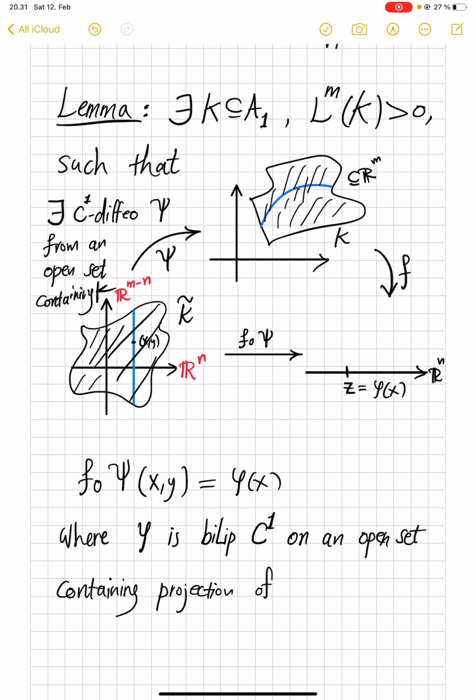So this will be the orthogonal projection of K tilde onto R^n. So phi is defined on an open set. It is a C1 Lipschitz function. And then our original Lipschitz function f, after this change of coordinate system in the domain, becomes just this phi.